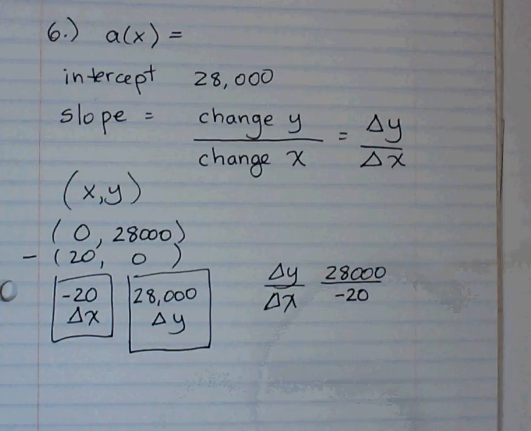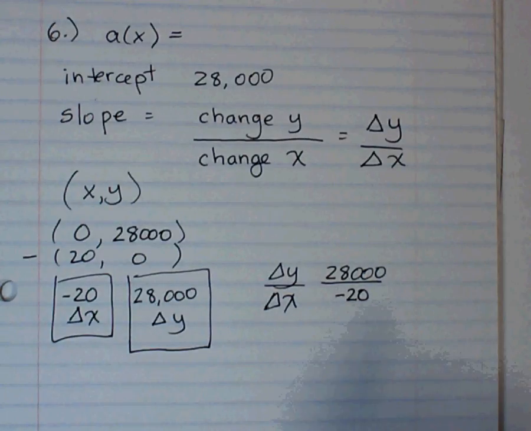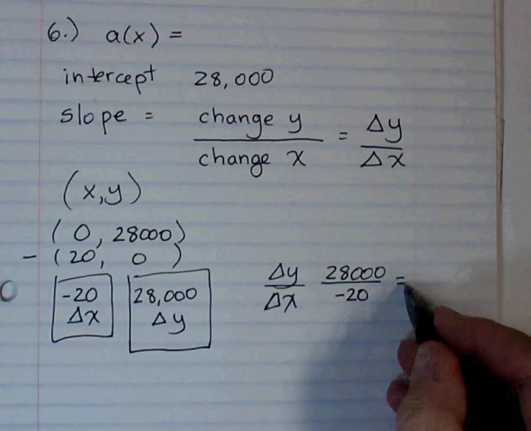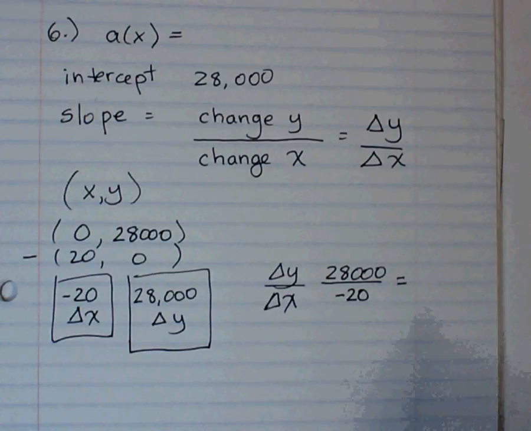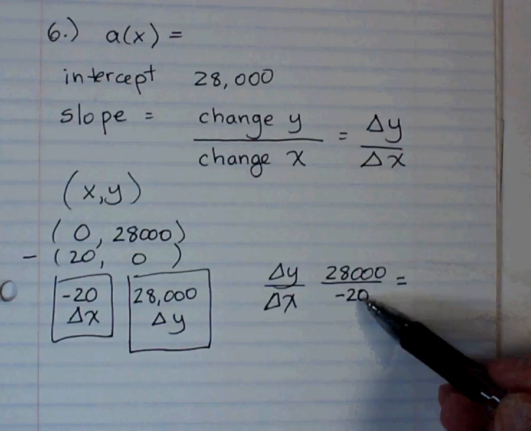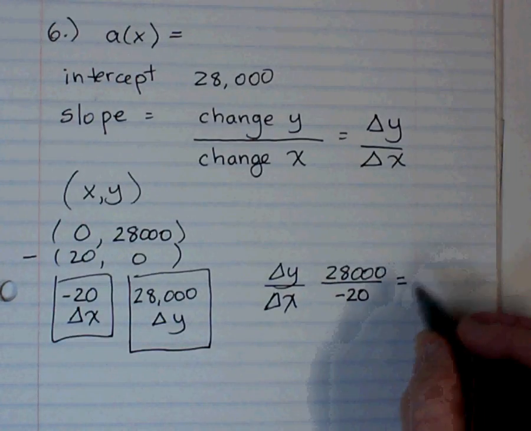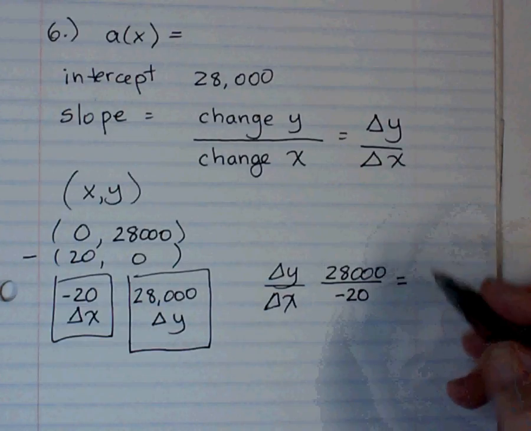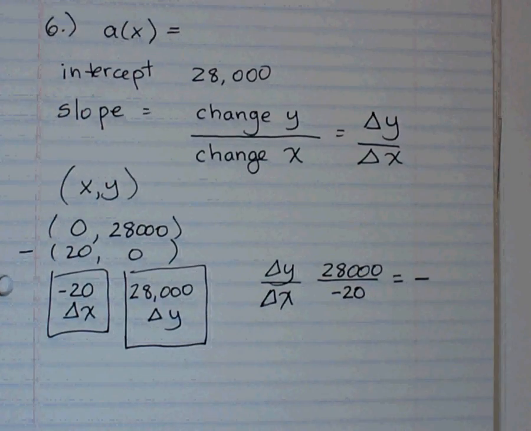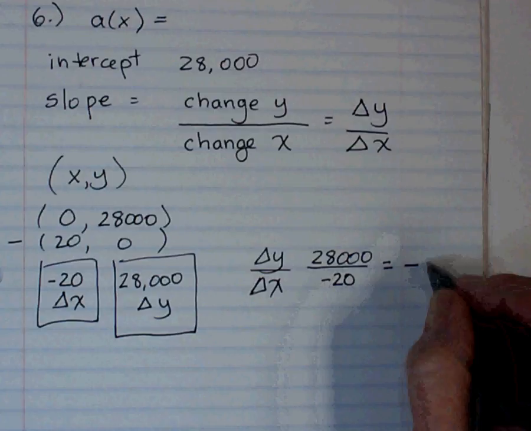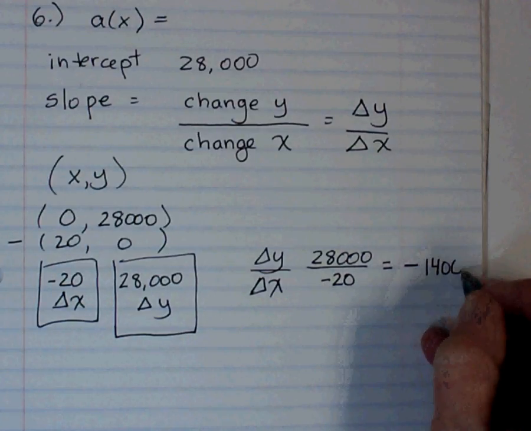Okay, see if you can work that out, because a lot of you could do that in your head, or take out your calculator. Those zeros are going to cancel out, and I'm going to have 1400. It's going to be negative because it's a positive divided by a negative. Negative 1,400 is our slope.